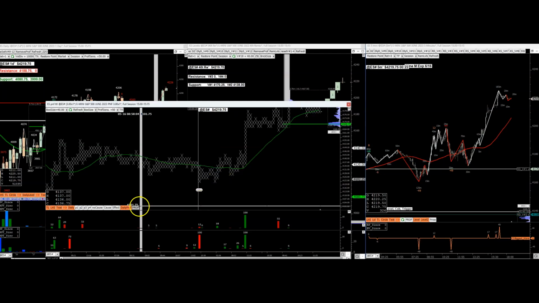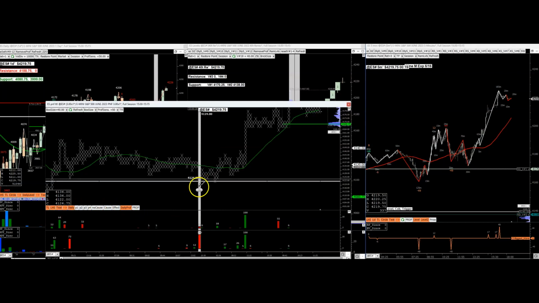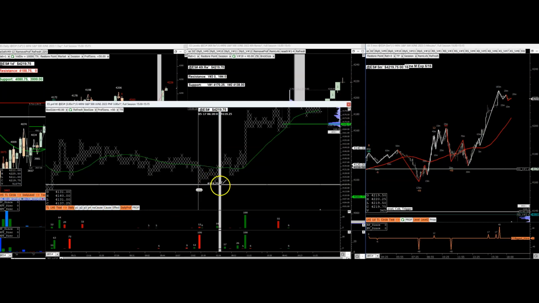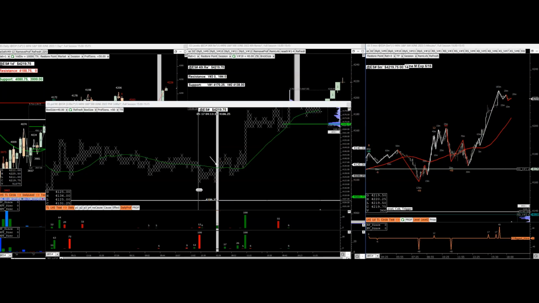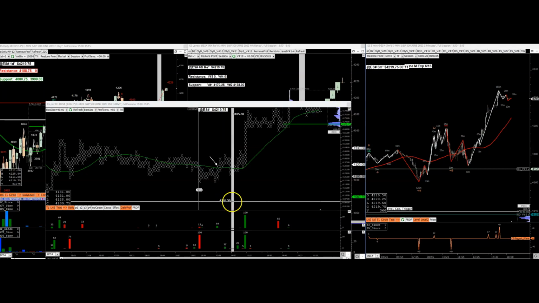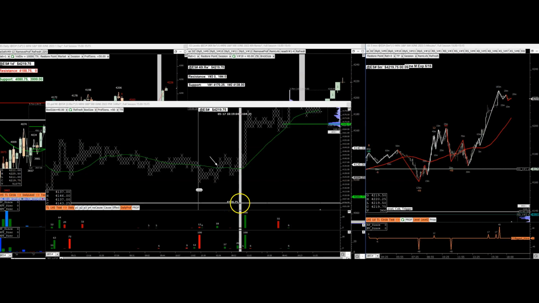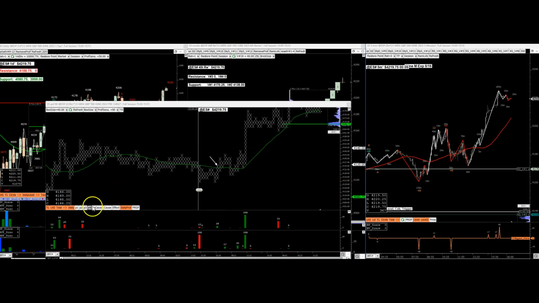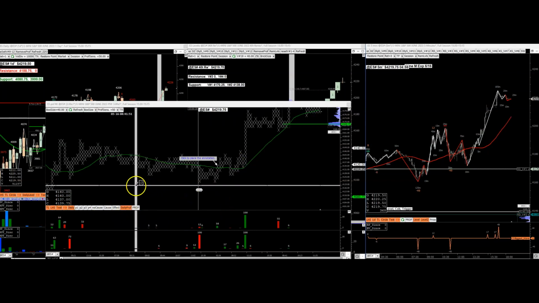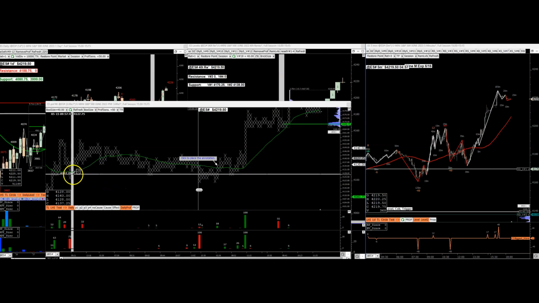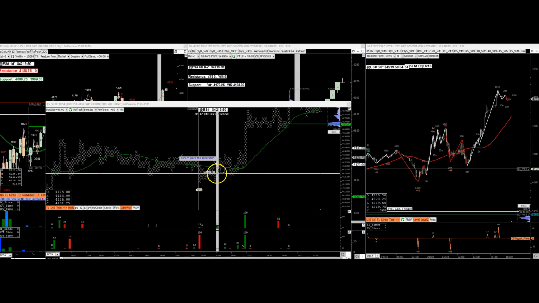This bar here was the biggest in 18 bars. After that, right here is the biggest in 26 bars. So you can consider that your change of behavior. Biggest in 18, that's all the way back here.